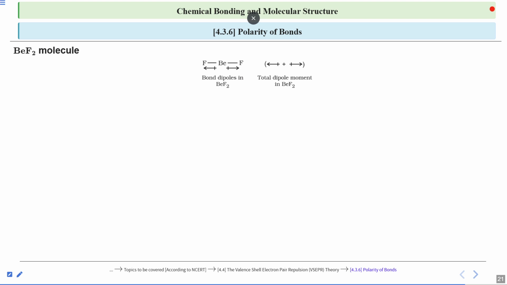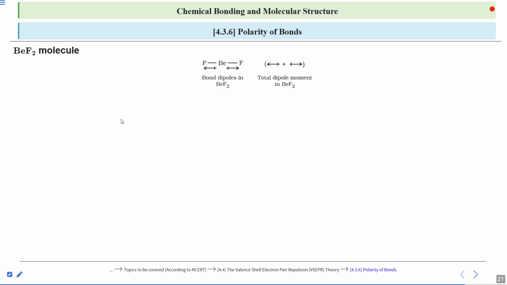Then what is the next target? Assign the dipole moment. Again, fluorine is more electronegative, so the arrow will start from beryllium and move on to fluorine. Similarly, here the arrow will start from beryllium and move on to fluorine. As both of these surrounding atoms are the same, the dipole moments of the Be-F bonds will be the same, but they are in the opposite direction.